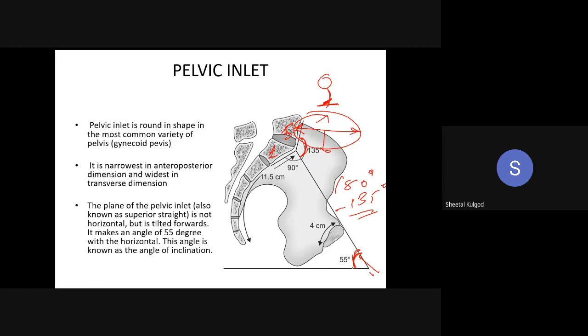Did you all get this? What is the angle of inclination? Yes, ma'am. Okay, so remember, it's always acute, 55 degrees, and it's not at right angles to the horizontal.